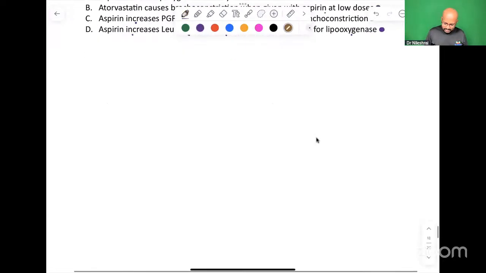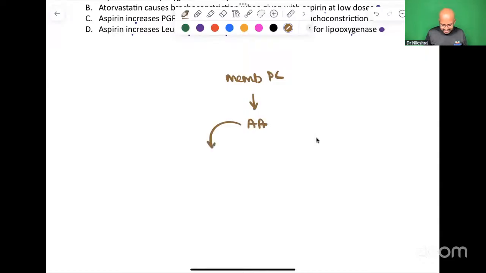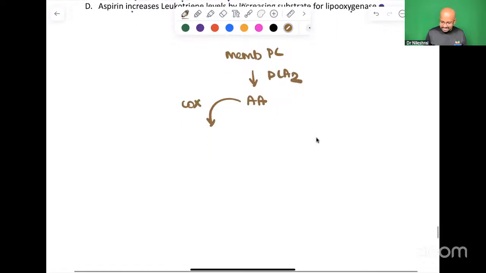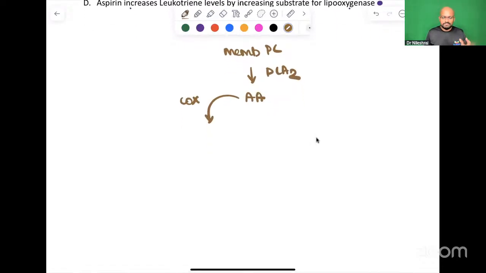Okay, now see, we have membrane phospholipids from which there will be synthesis of arachidonic acid. This step will be catalyzed by the enzyme phospholipase A2, as known from physiology and multiple different subjects. Arachidonic acid will be acted upon by cyclooxygenase enzymes, which in turn produce prostaglandins and thromboxanes.